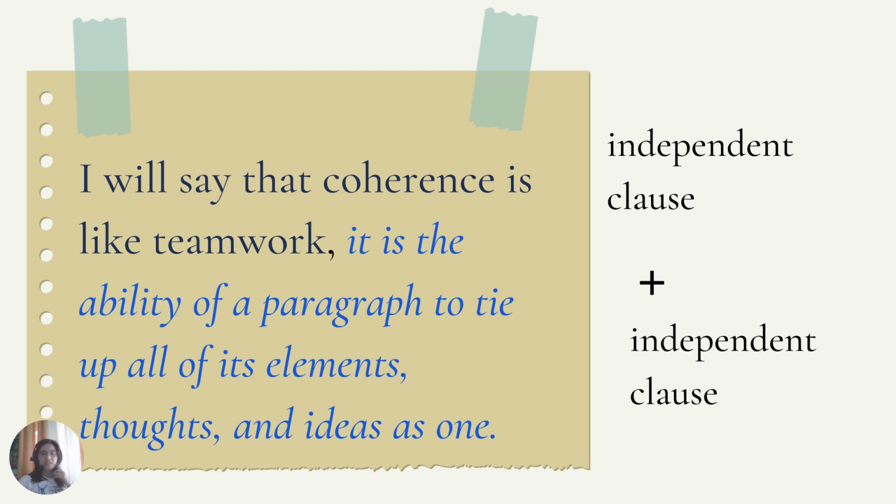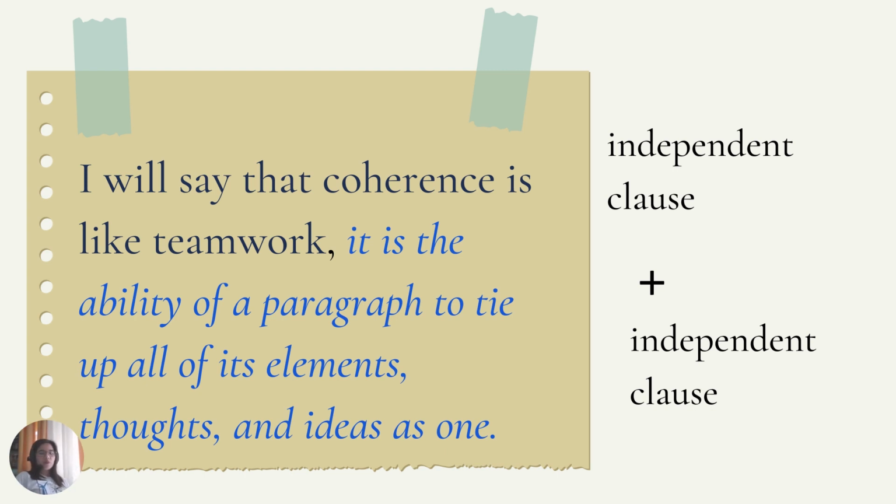So if the second independent clause works as a modifier, or it tells more about the first independent clause, we can use a conjunctive adverb. We need a conjunctive adverb to strengthen the bond between these two independent clauses.